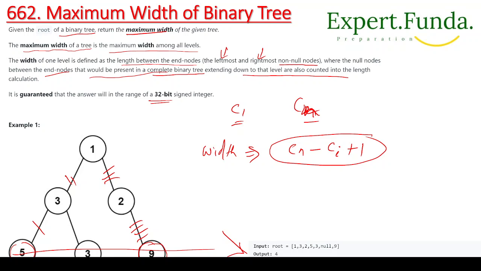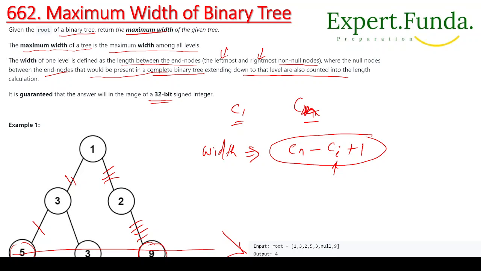And the indices: if the index of a parent node is Ci, we can define the index of its left child node as 2 into Ci, and the index of the right child node as 2 into Ci plus 1.